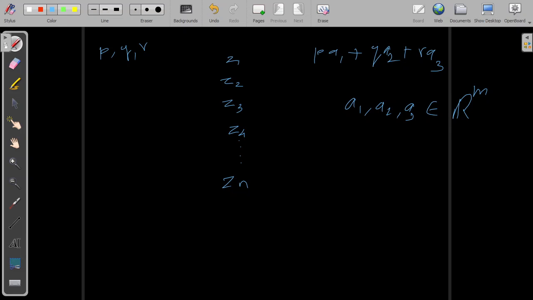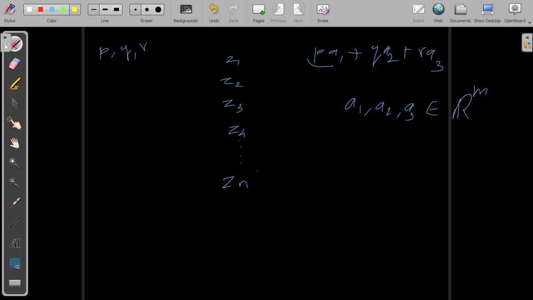Now what will be the dimension of this Z1, Z2, Z3, and Z4, etc.? This P into A1 is again a vector.